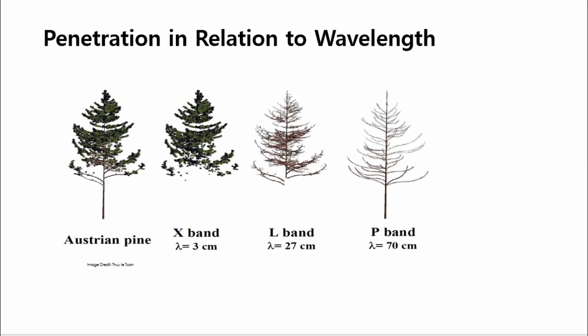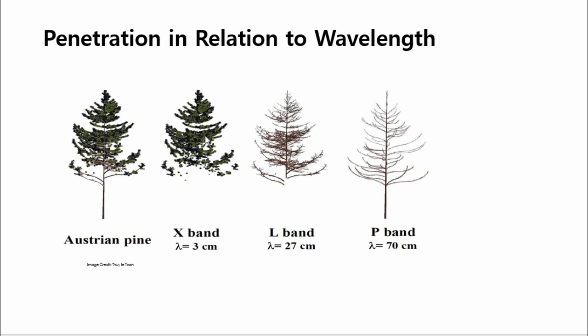If the wavelength is different, the penetration behavior is also different. Although the pine tree is the same, if you use X-band, where the wavelength is very short, the signal is usually scattered on the surface of the leaves, so you are going to detect the moisture from the leaves. But even before reaching the leaves, it is very sensitive and scattered by vegetation structures and many other factors.